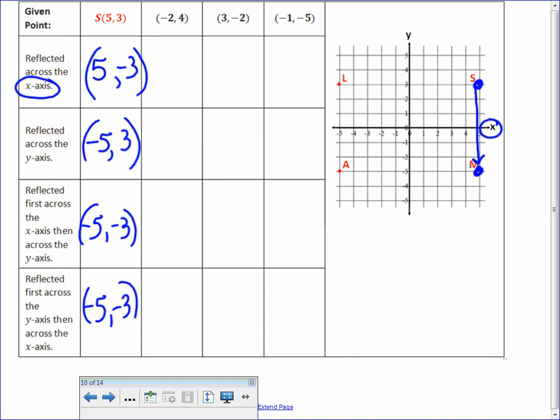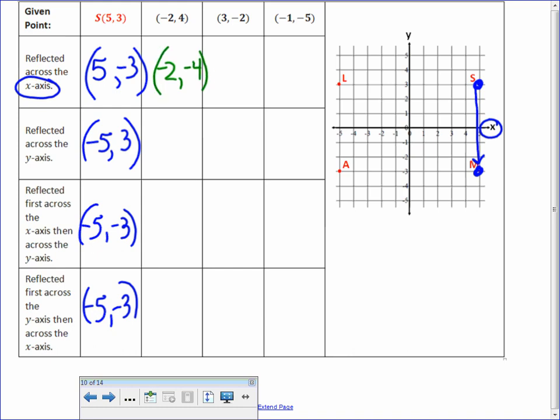Let's try the next one. It's not on the grid, but we don't need the grid. We know what the rules are. If my point is -2, 4, and I want to reflect it across the x-axis, which coordinate stays the same? Yep, the x-coordinate stays the same. And the y-coordinate, we take the opposite.